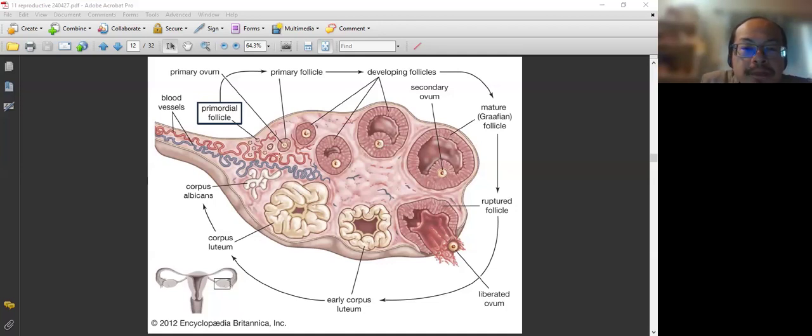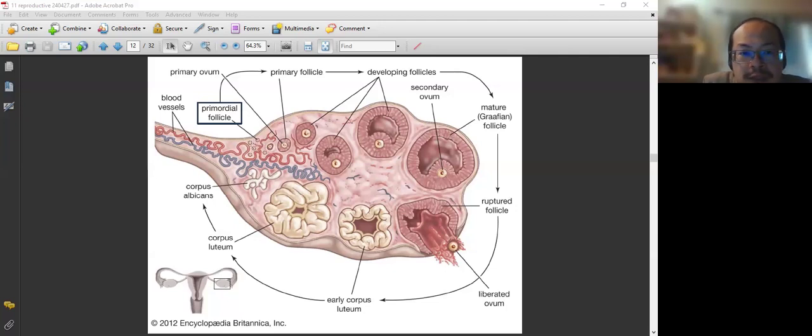So you can see that this surrounding follicle will gradually grow after puberty. Before puberty, the female ovaries contain about 500,000 primordial follicles, and each one contains one oocyte.